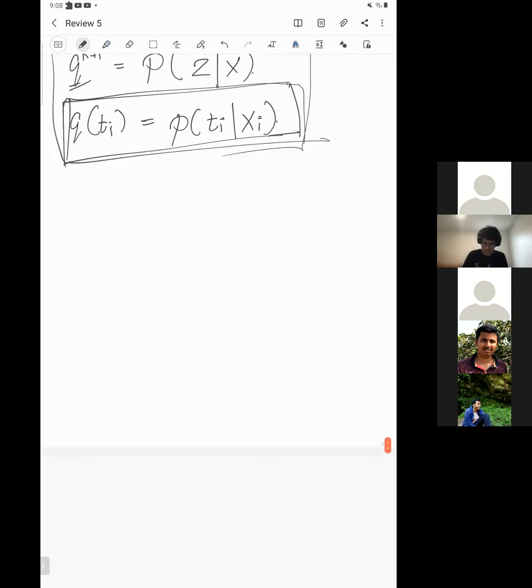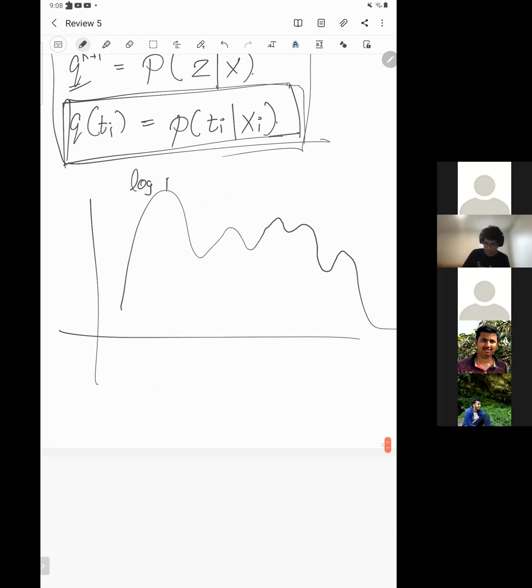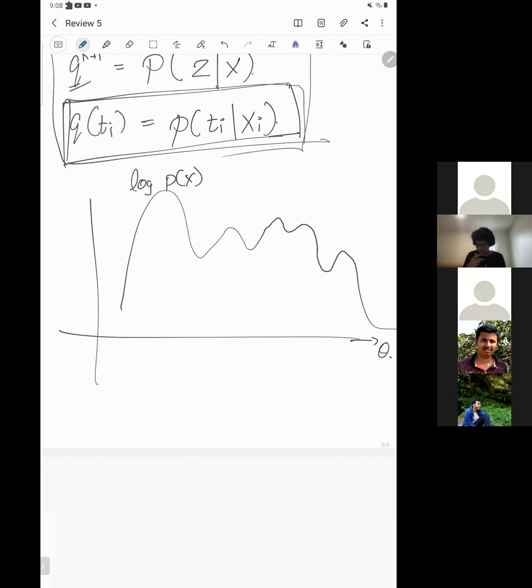In the diagram that I showed you earlier, let's say this is your log p of x, and this is your theta. Let's say theta equals theta k, some constant value. In the first iteration, we would just choose theta randomly. And so we have this line.